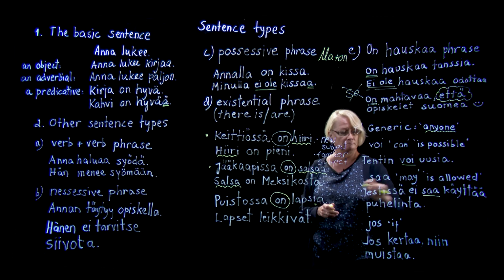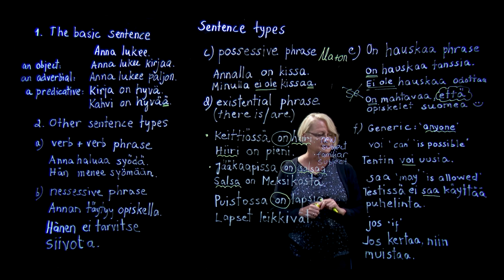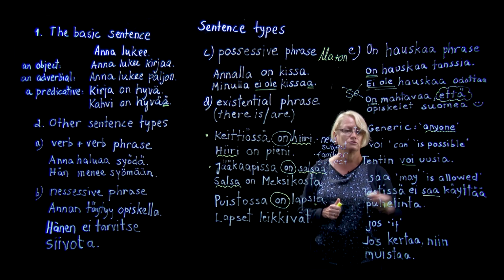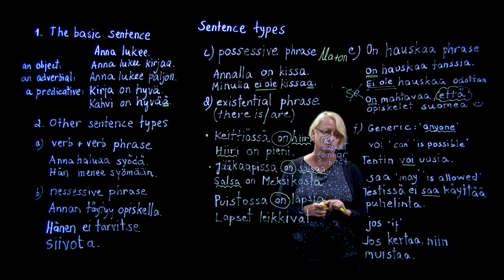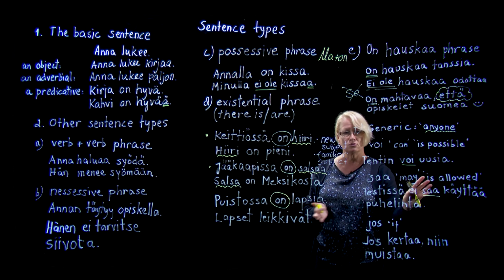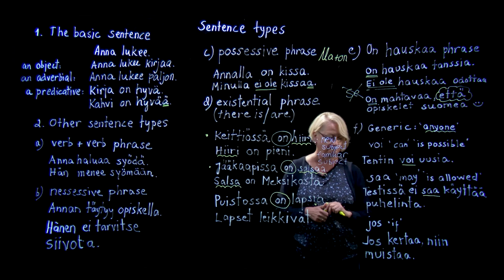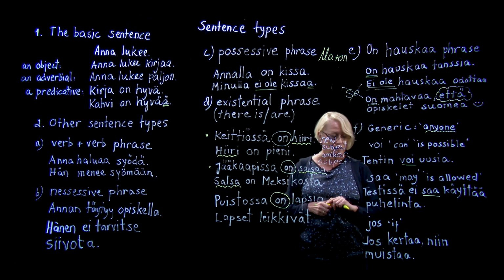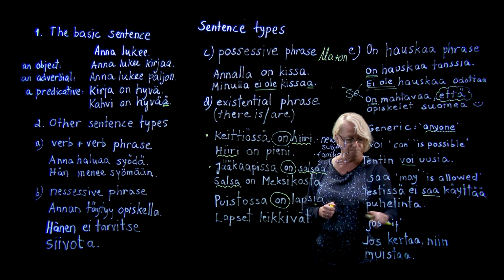Saa. Testissä ei saa käyttää puhelinta. So you are not allowed to use a phone in the test. And now again you see that there is no subject. Quite often we use this with jos, if.